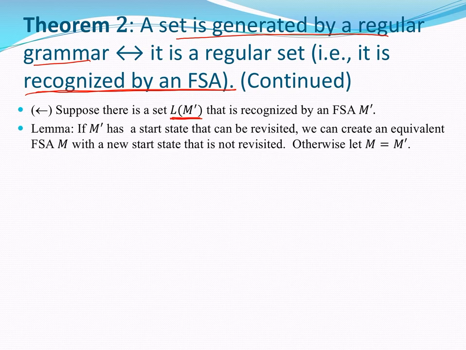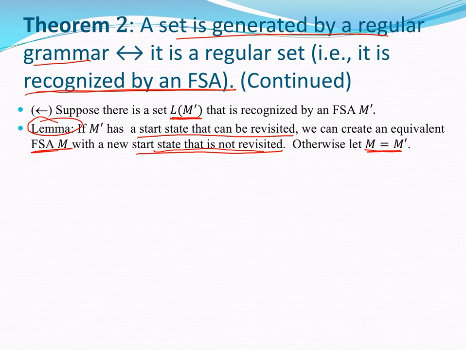We want to make sure we have a start state that is not revisited, so if M prime has a start state that can be revisited, there's a lemma, which we don't prove, that we can create a new machine that is equivalent, we'll call it M, that has a start state that cannot be revisited. But if M prime already has a start state that is not revisited, we just let M equal M prime. In any case, we must start with a machine that has a start state that cannot be revisited, but we can always get there with an FSA.